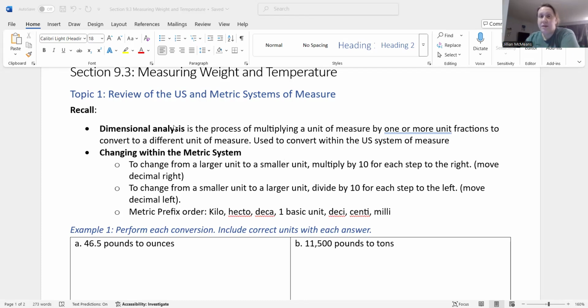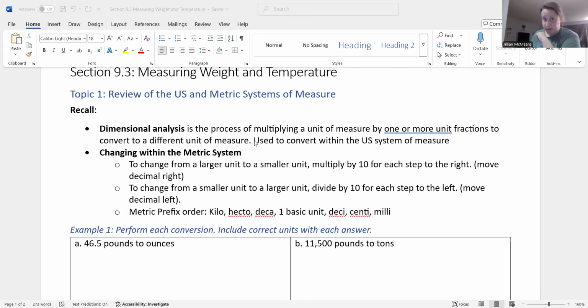And dimensional analysis is the process of multiplying a unit of measure by one or more unit fractions to convert to a different unit of measure. Okay, now unit fractions, they're fractions that have a value of 1, meaning the numerator and the denominator are two measures that represent the same amount, they just have different units. So think like 12 inches and 1 foot. They represent the same length, but they're different units of measure.